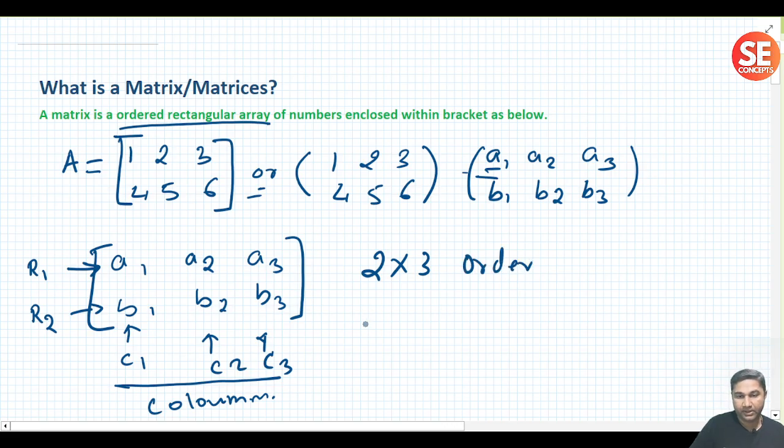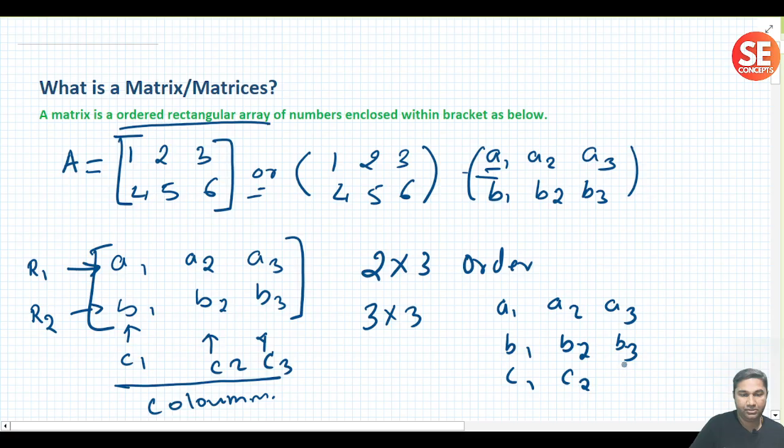If you want a 3 cross 3 order, let us say I put A1, A2, A3, B1, B2, B3, C1, C2, C3. So this is an order of 3 cross 3. Simple.